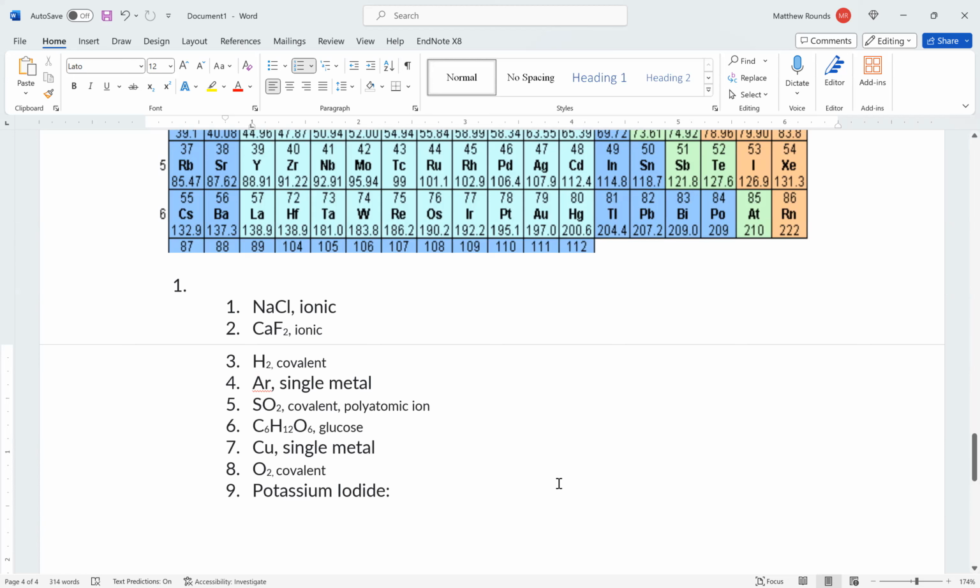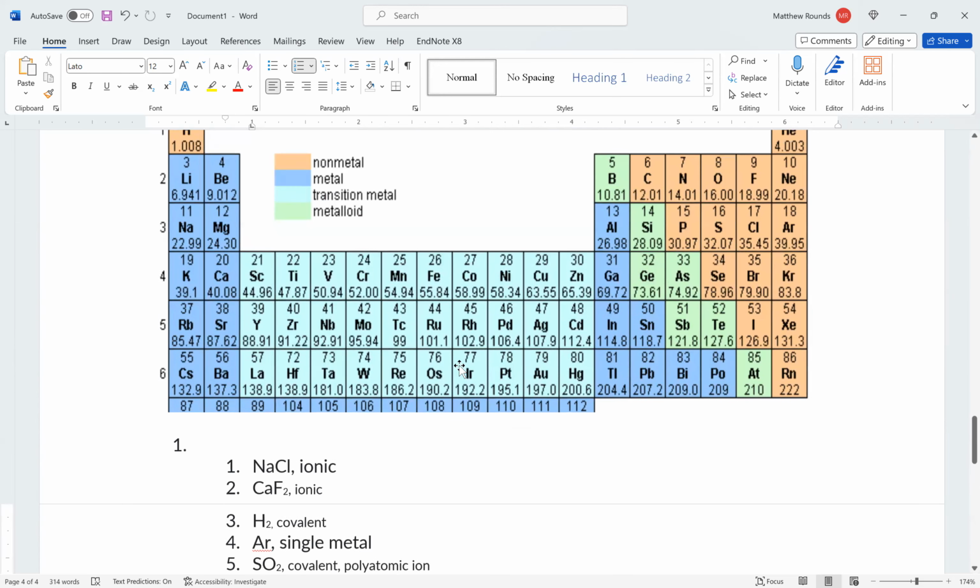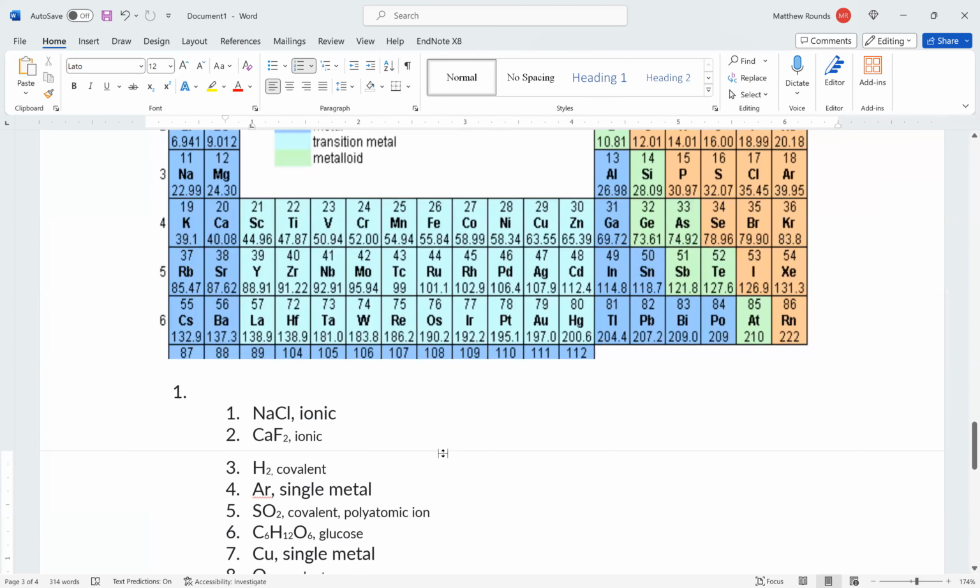Potassium is... I don't know actually. One second. I feel like it is a metal. Yeah, potassium's a metal. Right. What about iodide? Is it a metal or nonmetal?